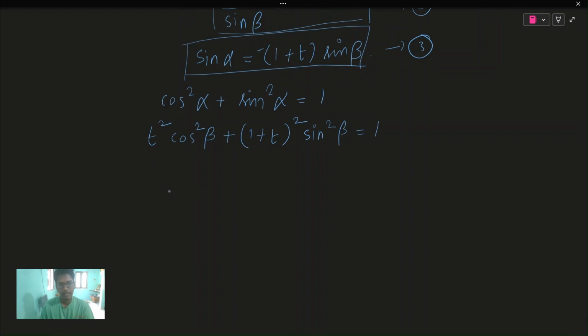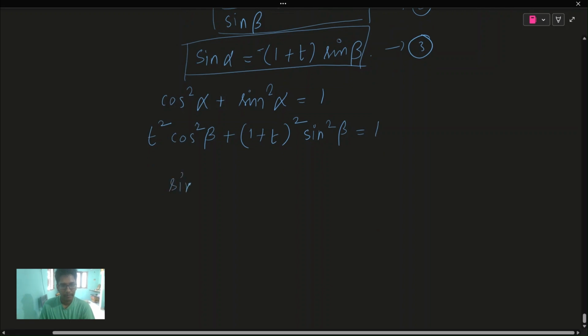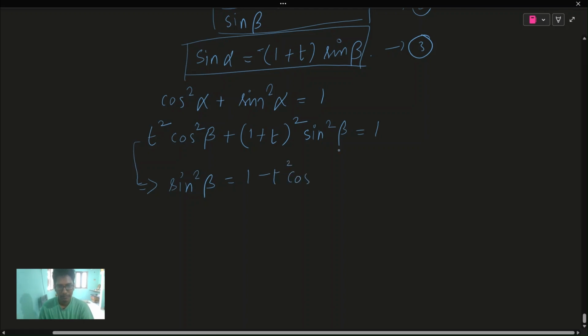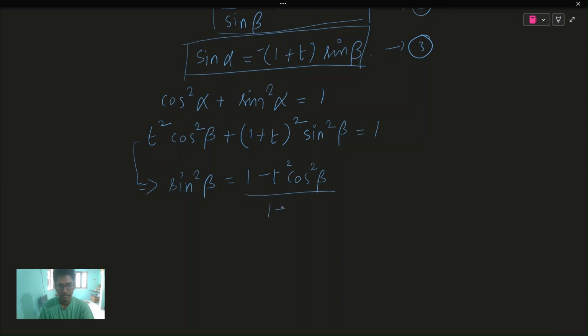After solving from this particular equation, sin square beta is equal to 1 minus t square cos square beta divided by 1 plus t the whole square.